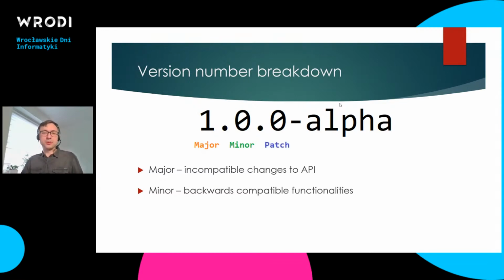The third number is called patch. And incrementing patch means that you did some backwards compatible bug fixes. So no new functionalities, just some improvements, bug fixes. So the user should be able to safely update the package, or should expect no drastic behavior changes from the last update. Plus, at the end of the version number, we have this dash alpha. And this is optional.